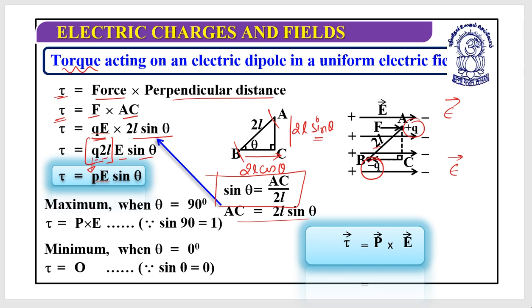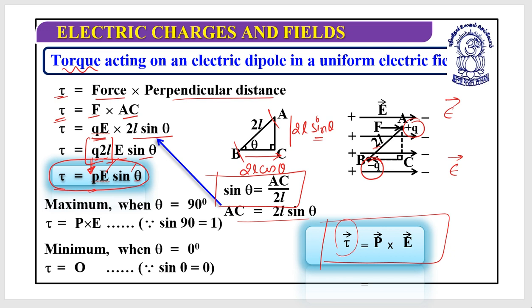So q into 2l can be written as the dipole moment p. So this is p multiplied by E multiplied by sin theta. So I can write torque equals p sin theta E, that is, torque equals p cross E. It's a cross product, and mind well, when there is a cross product, your answer is a vector. Yes, torque is a vector quantity, that you know.